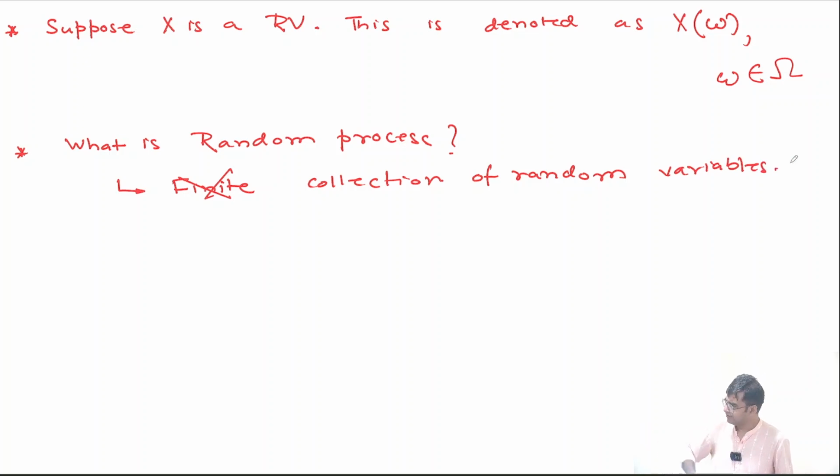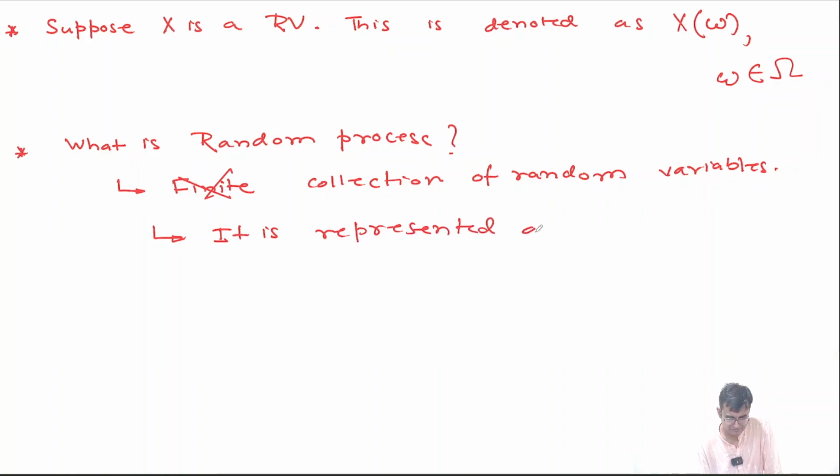Now, I understand that till now it is not making sense, so let us try to make sense out of it. Okay. How do we represent a random process? A random process is represented as x, and I am assuming t, time, slash omega.